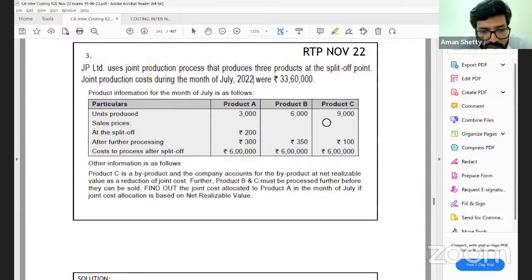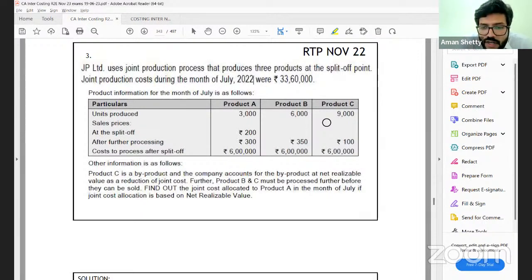Sales price is given. Product C is a byproduct, and the company accounts for the byproduct at net realizable value as a reduction of joint cost. So you have to apportion the joint cost using the NRV method, and then the byproduct value should be deducted from the joint product cost. Clear? Whatever sale value that is.